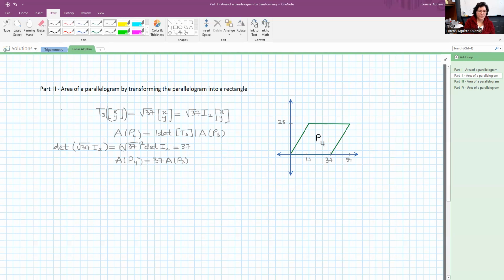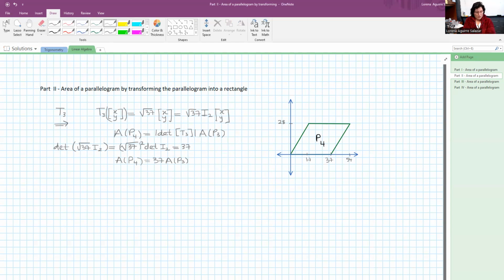So after we rescale all vertices by root of 37, the area is changing by a factor of 37. Okay. Now finally, what we can do to transform our parallelogram into a rectangle is apply a shearing transformation.